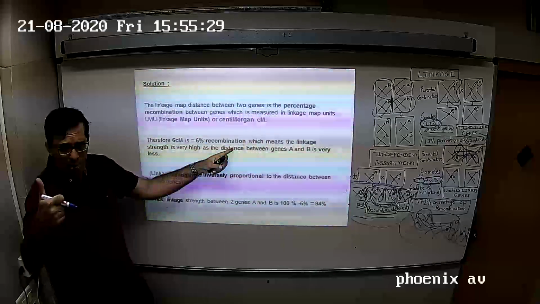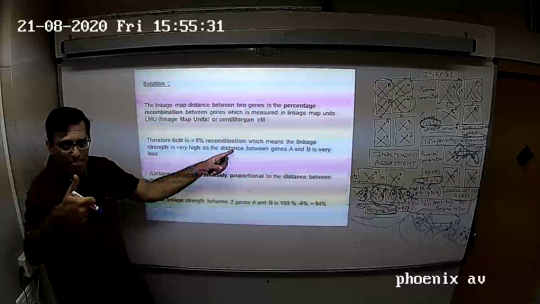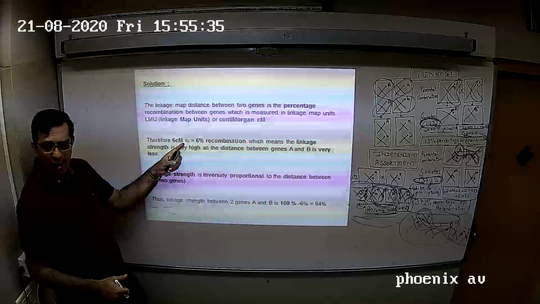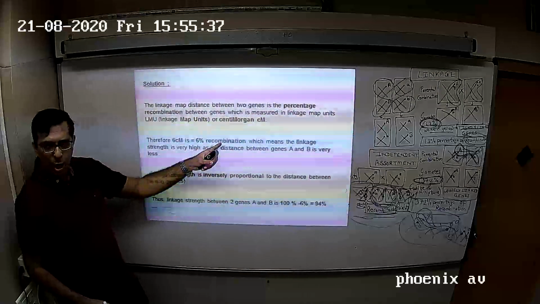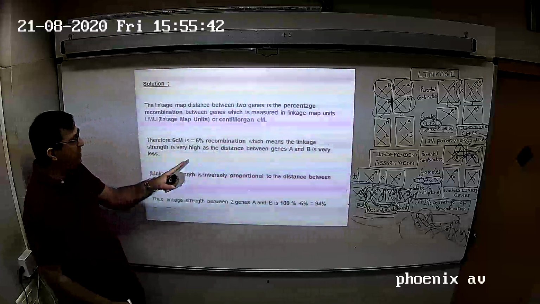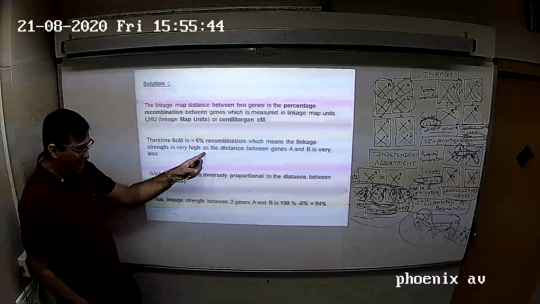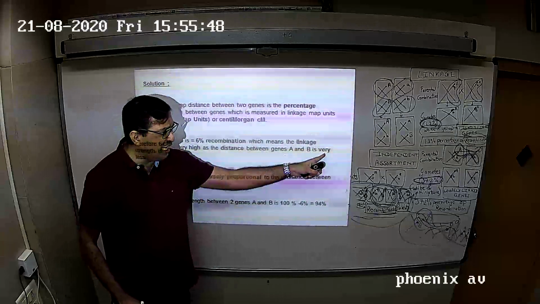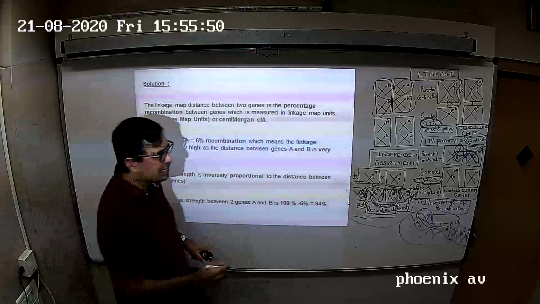How much is 1% recombination? 1 map unit or 1 centimorgan. So how much is 6 centimorgan? 6% recombination or 6 map units, which means the linkage strength is very high and the distance between genes A and B is very less.